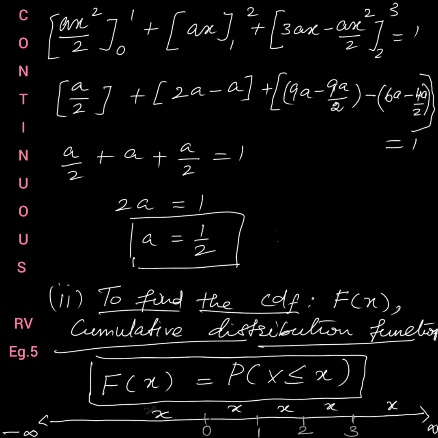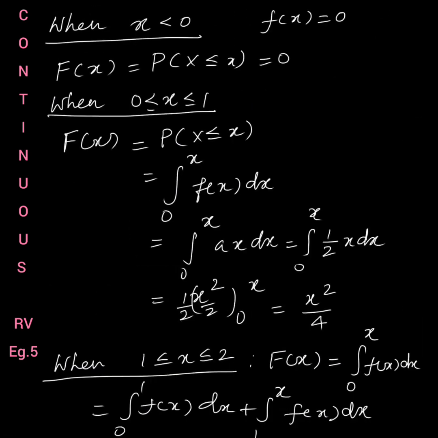The next portion of the question is the second subdivision. We have to find the CDF. For finding the CDF, we have to take the x value lying in which part. It may be either in the 0 to 3 interval or to the left or right side.